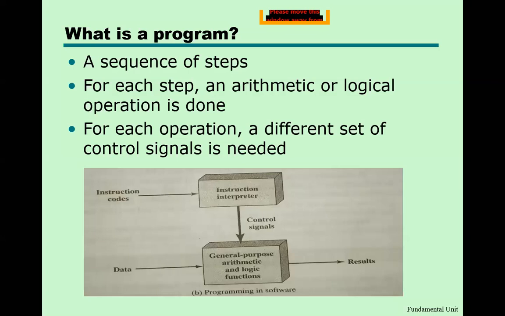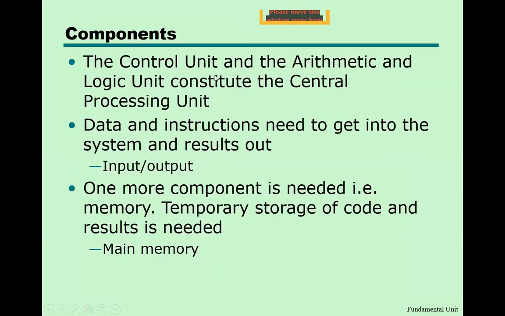Because in one program, many times we use different mathematical operations and execute different logical operations multiple times. To execute these different things, we always require different types of control signals. Earlier, like in a calculator, we cannot provide this kind of control signal. But in a computer, through the program, we can provide these different types of control signals.